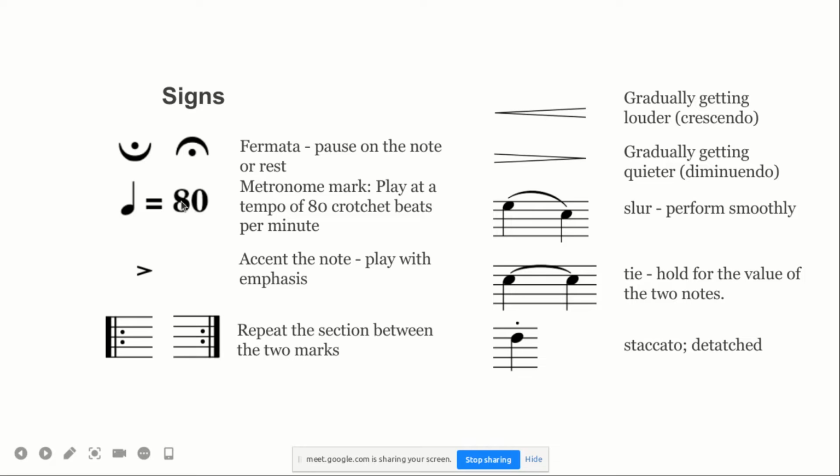This is a metronome mark. A metronome mark means there are 80 crotchet beats in a minute, not in a bar. You'll never get 80 crotchets in a bar. So this is 80 crotchet beats per minute.